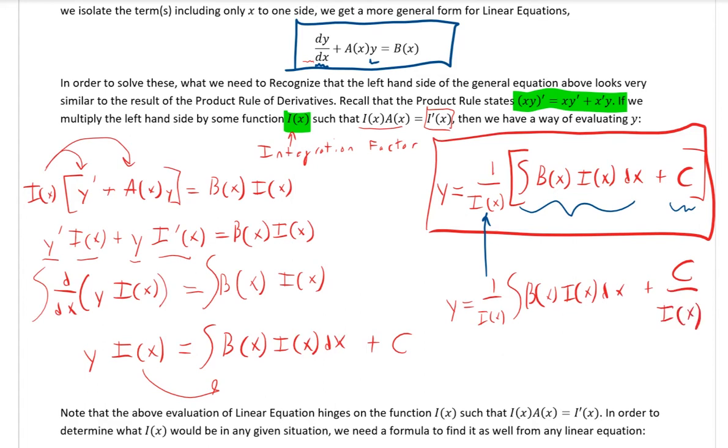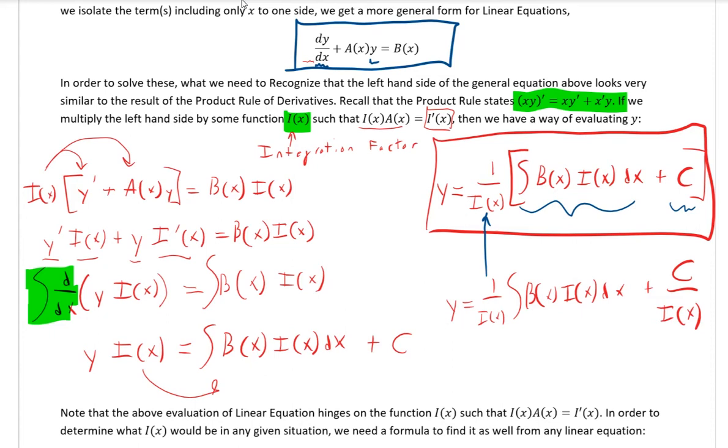So you're going to need to be careful of that. That means that constant is not just going to be by itself. It is also going to be divided by whatever the function I of x is. Very, very common mistake. Remember that we do that because we did evaluate this integral here. We did solve this one. We got it by itself. But that's going to be our solution set.